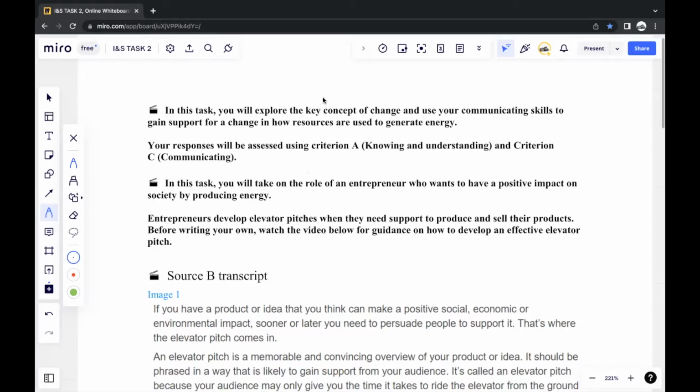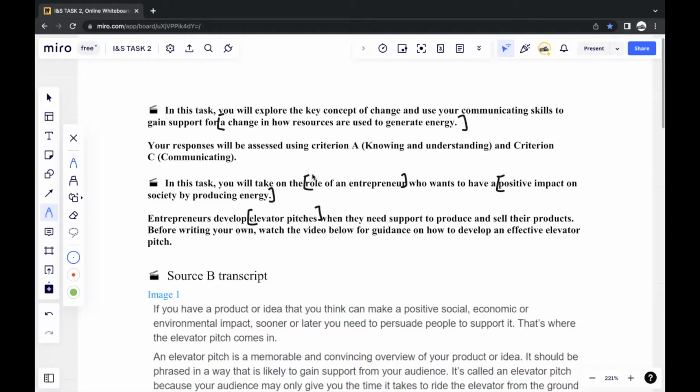If we just generally look at the instructions, the most important piece of information is that we'll have to gain support for a change in how resources are used to generate energy. So we're supporting some sort of change. And I'll be taking on the role of an entrepreneur who wants to have a positive impact on society by producing energy. And I will be developing an elevator pitch.